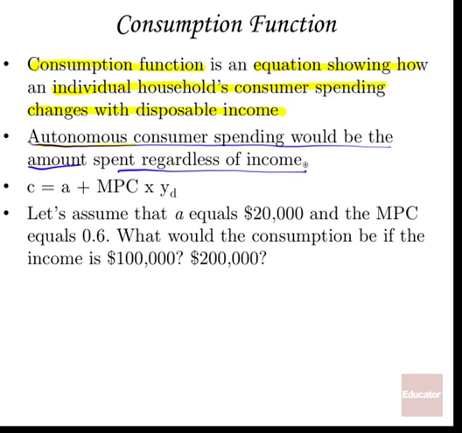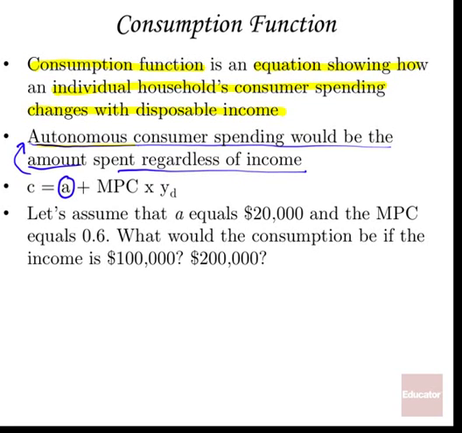There's a certain amount of spending that is not tied to income at all. So maybe it's a bare minimum requirements to live, or maybe you're drawing on savings, or you're taking out credit card loans, or whatever in order to survive. So there's a certain autonomous amount, maybe 15,000, 20,000. And so that's what this A value represents here. You're going to spend regardless of what your income is.